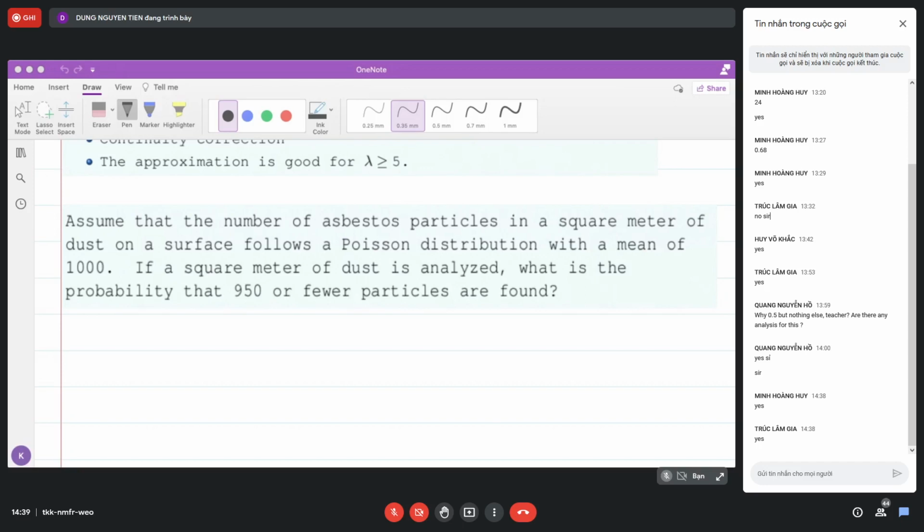What is the answer? Do you get the answer for this problem?